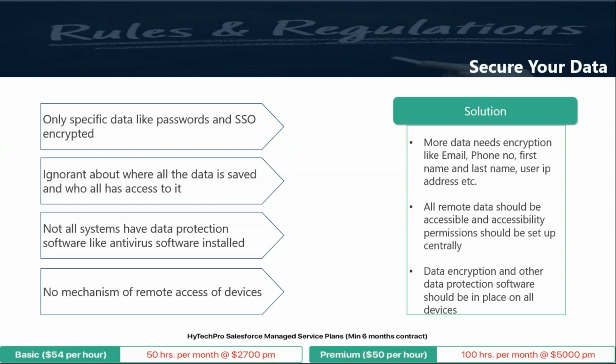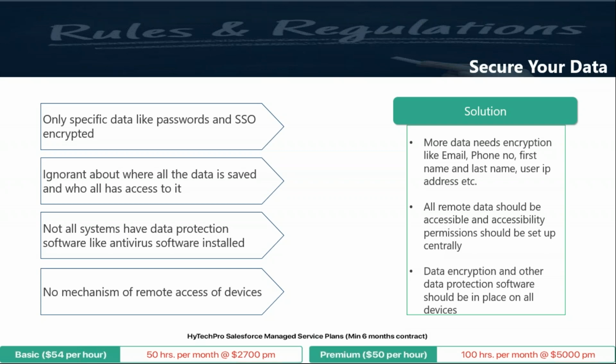But with the new GDPR rules coming in, they say that all the personal data that you are storing for your client or customer or user has to be encrypted. It can be the email of the user, the phone number, his first name, last name, even the user IP address from which he is accessing your system. They all should be encrypted.